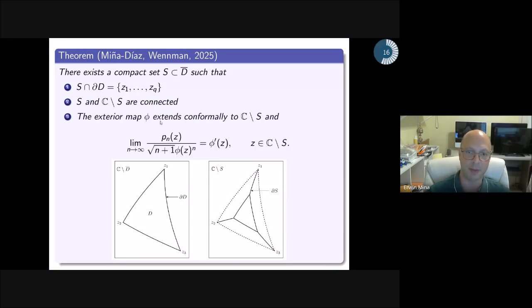And that exterior conformal map that was defined outside the curve, the original curve, actually has a conformal extension to the complement of the set S, all the way up to the set S. And that strong asymptotic formula, originally proven by Stylianopoulos outside the boundary, is actually holding outside this smaller set S. So it carries over.